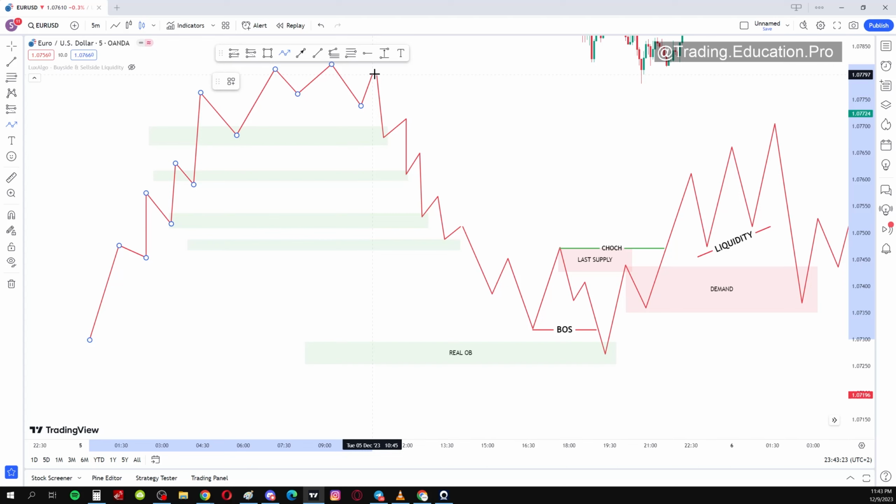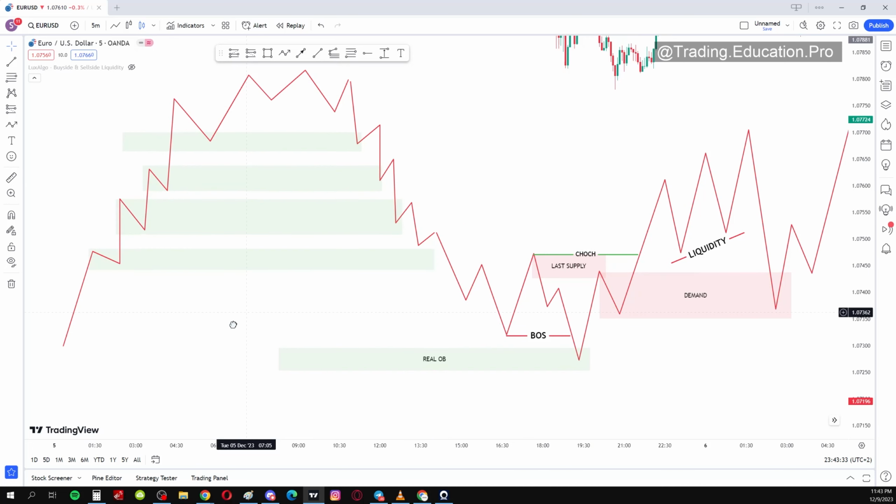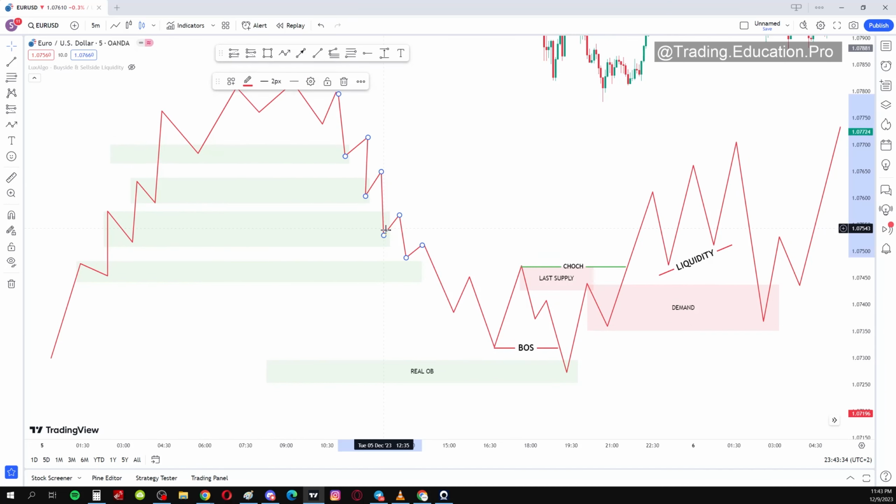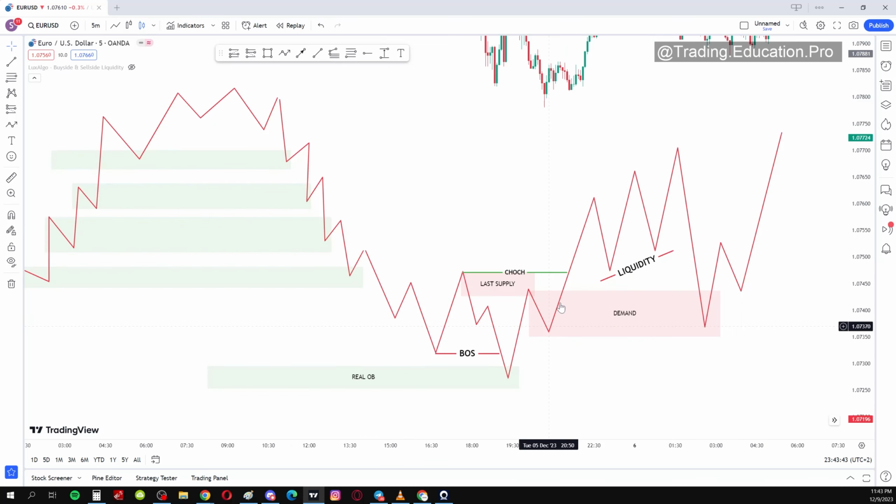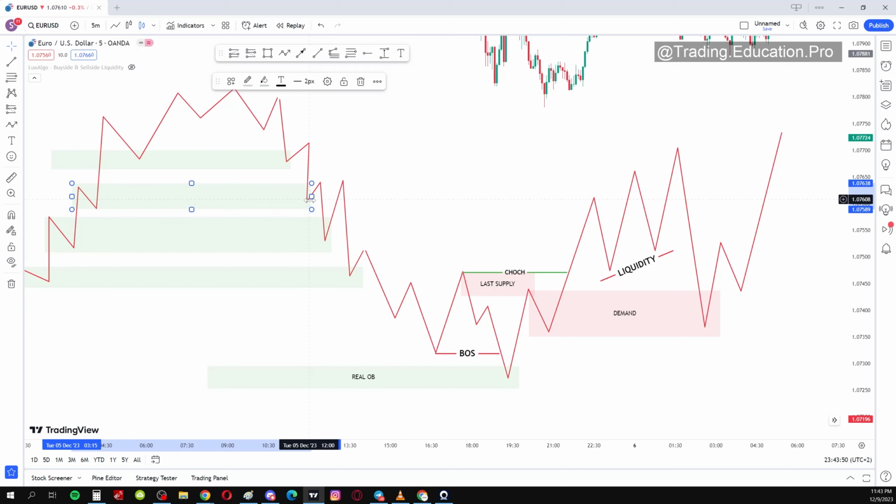So a lot of people will try to catch all these order blocks, and it will give you some reaction, and on a smaller time frame it may even give you this change of character, and even on the same time frame sometimes it will give you something like this.